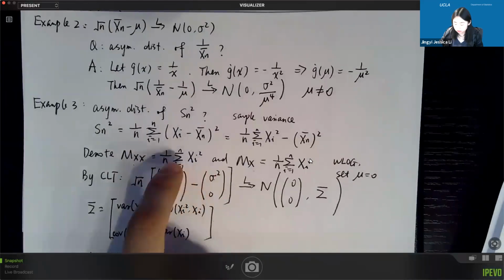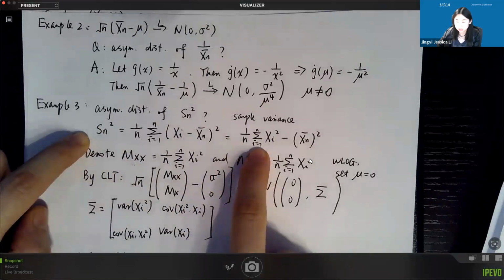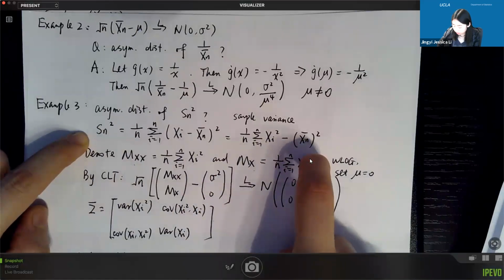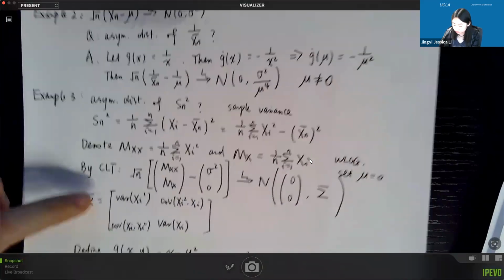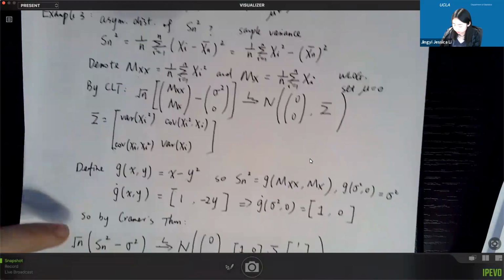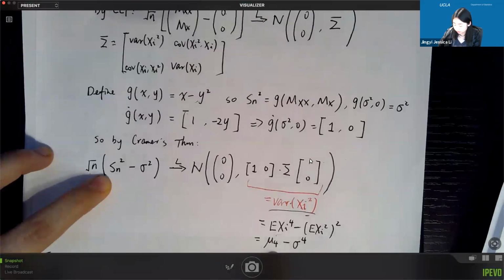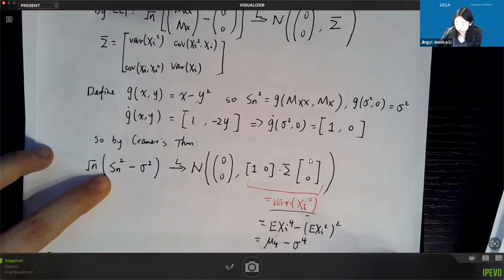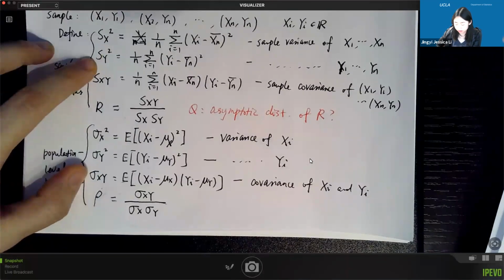This Sn squared is like our Sx squared, and can be written as the average of xi squared minus the square of x bar. We applied the central limit theorem and then Cramer's theorem, and then we can derive the asymptotic distribution of Sn squared as this. So this result can be applied to derive the distributions of Sx squared, Sy squared, and Sxy.